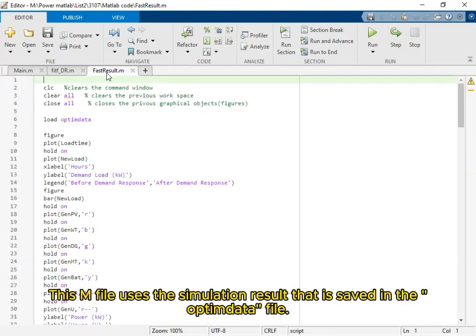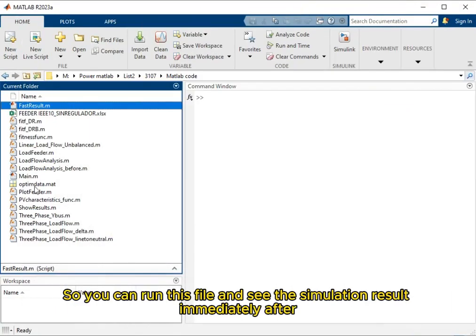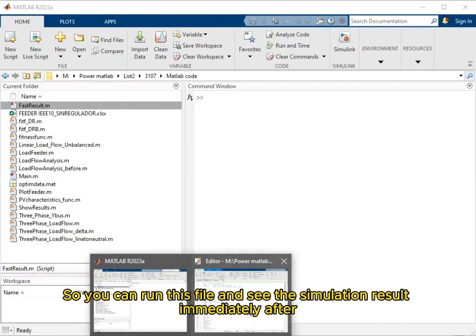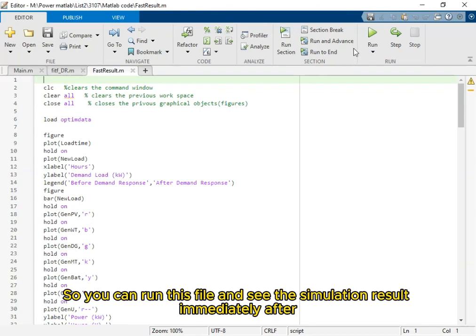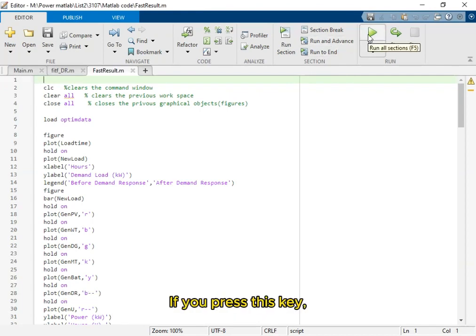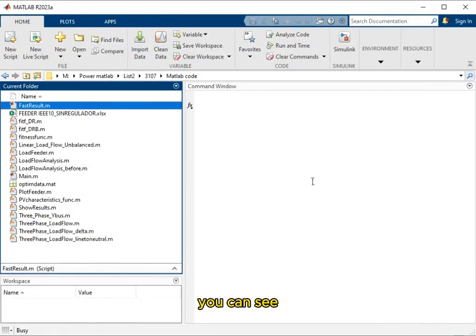This M file uses the simulation result that is saved in the Optim data file. So you can run this file and see the simulation results immediately after pressing this key.